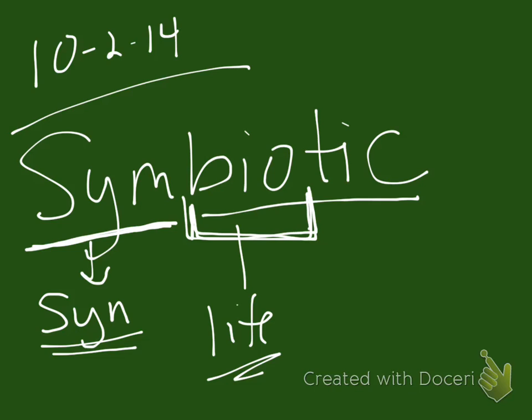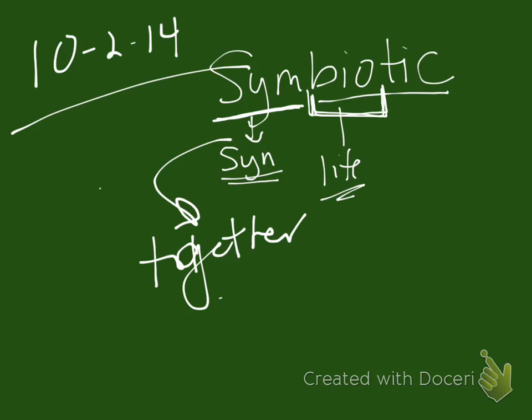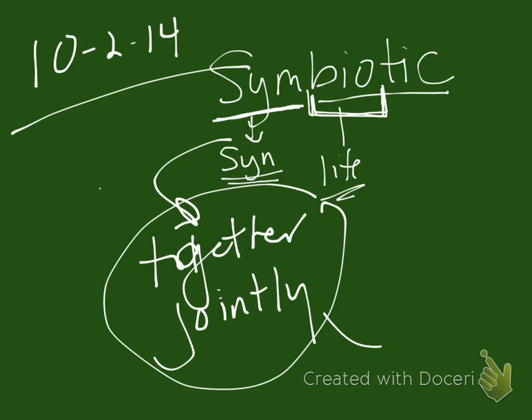Like when we synthesize something, we put it together. So, a symbiotic relationship. We have something together. Together. Jointly. So we've got living things that are acting in some sort of relationship together.